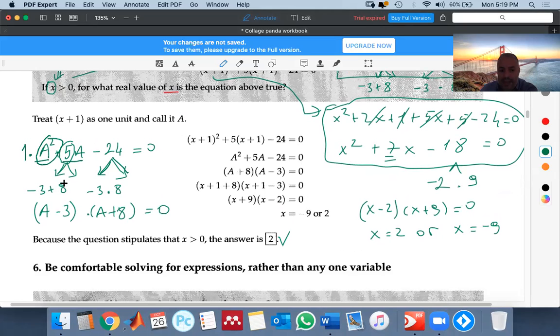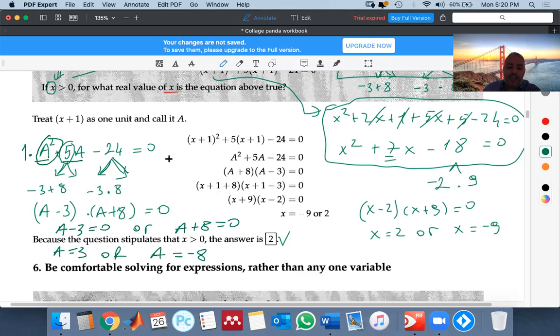Negative 3 plus 8, which is positive 5, it is satisfied. So now instead of x squared, since I have a squared, a minus 3 times a plus 8 is equal to 0. So if product of two numbers is 0, that means first number is 0 or second number is 0. So a is positive 3 or a is negative 8.